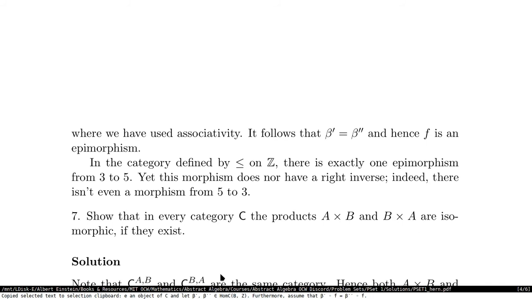So you have exactly one epimorphism from 3 to 5. And this morphism does not have a right inverse. Yeah, indeed, you don't really have a morphism that goes from 5 back to 3.